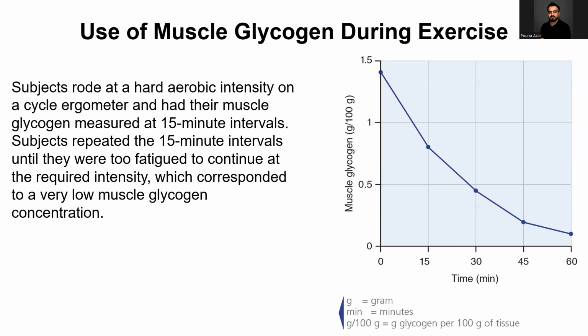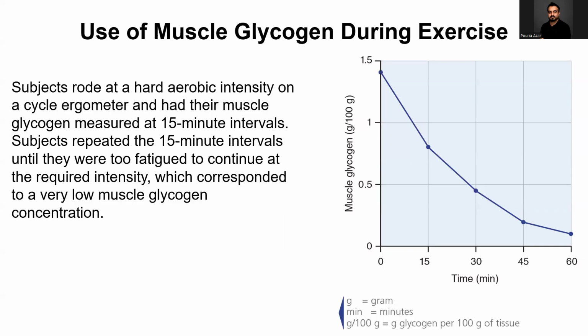But muscle cells break down glycogen during exercise and they use the glucose from glycogen for their purposes, for their energy.